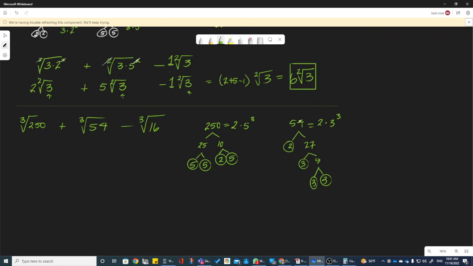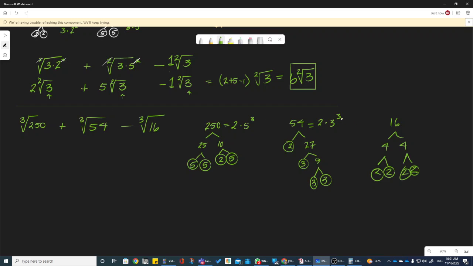And now you have to do the same for 16. Okay, and that's 4 times 4, and that is 2 times 2 times 2 times 2. Okay, and look what I'm doing. I'm grouping them in groups of 3 because the radical expression is the third root.